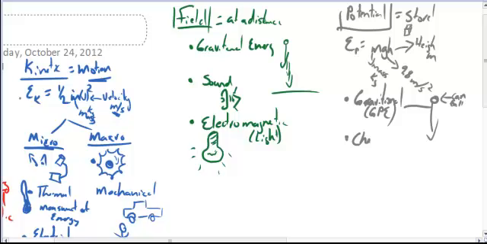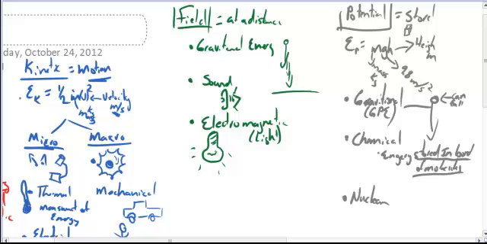Another type is chemical. Chemical energy is energy stored in the bonds. Now, I want you to take a look at this because it says it's stored in the bonds of molecules, and that's very similar to the one I'm about to talk about, which is nuclear. Nuclear energy is energy that is stored in the nucleus.